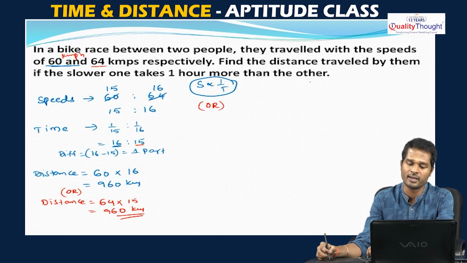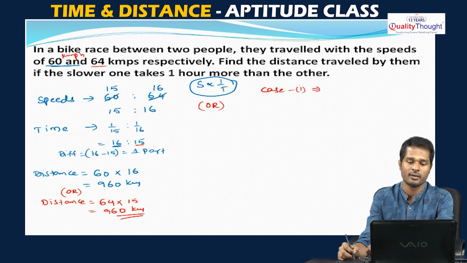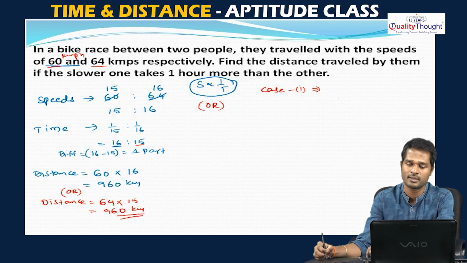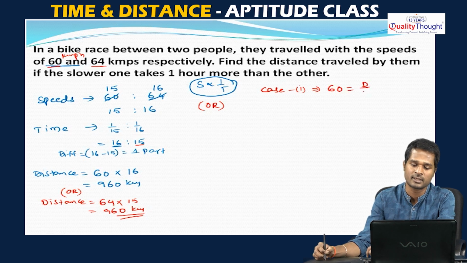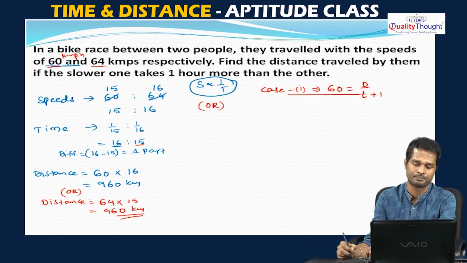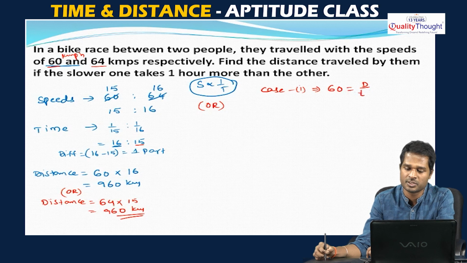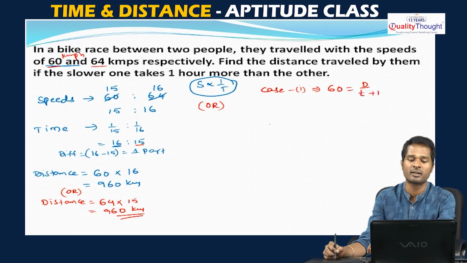Speed s is equal to d by t. Let's write it directly. For the first case, the first person traveled with the speed 60 kilometers per hour. Distance is d, time let's take as t plus 1. Why have we written 1?